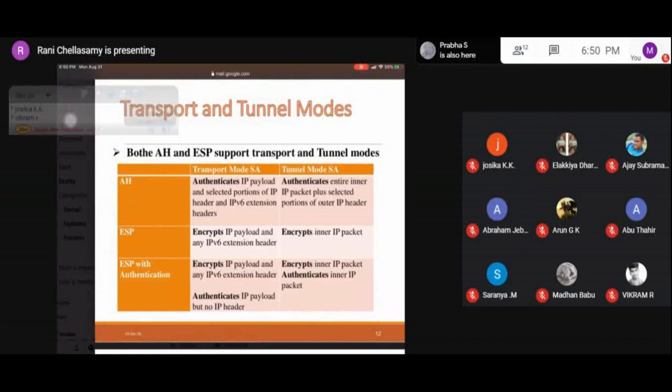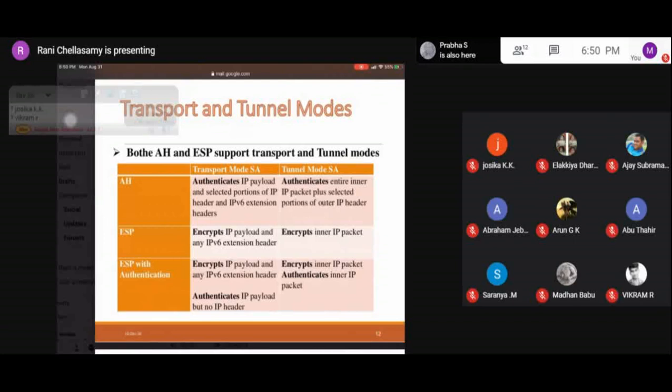ESP will also be encrypting the inner IP packet under tunnel mode. ESP with authentication encrypts the IP payload and IPv6 extension header, and also authenticates the IP payload but not the IP header. In tunnel mode, ESP with authentication encrypts the inner IP packet and authenticates it.